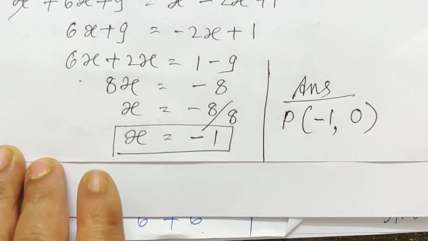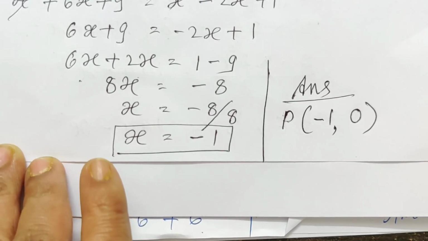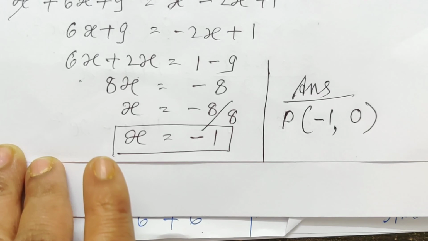Till now we completed 3 questions from the exercise. In the first question they directly said to find the distance, so there we use the distance formula. In the second question, the question is to determine whether the points are collinear or not. To determine whether the points are collinear, we have to use the distance formula.